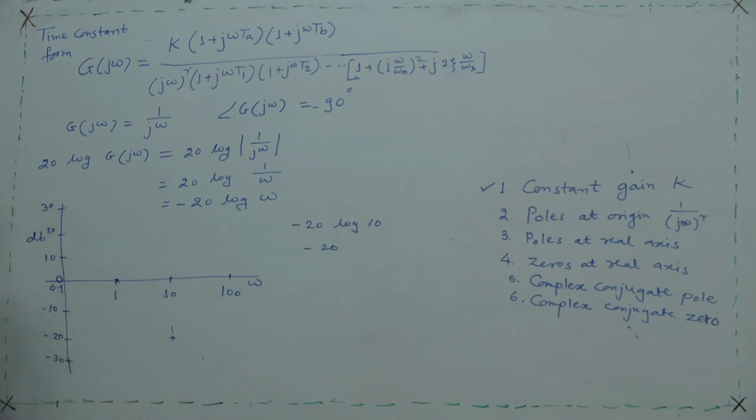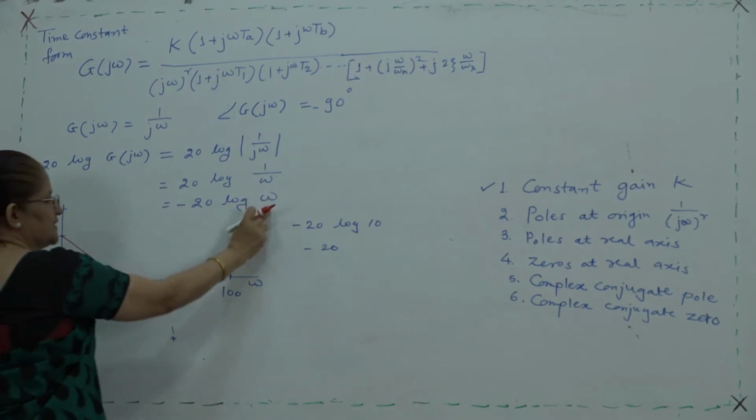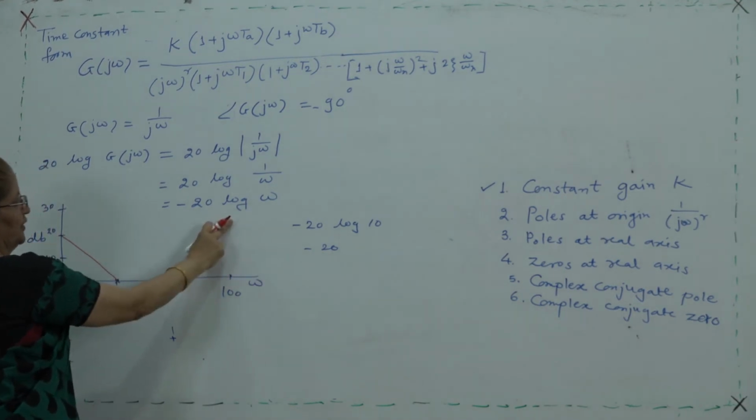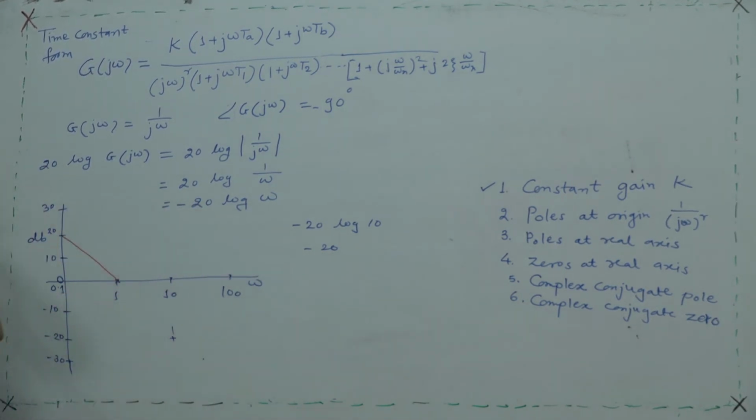Okay. So, draw a line with minus 20 dB per decade, or connect these 2 points and then you will get the line. So, if I draw here a line passing through 1, because at 1 it is 0 dB, that you can observe here: when omega is 1, log of 1 is 0, so minus 20 into 0 is 0.